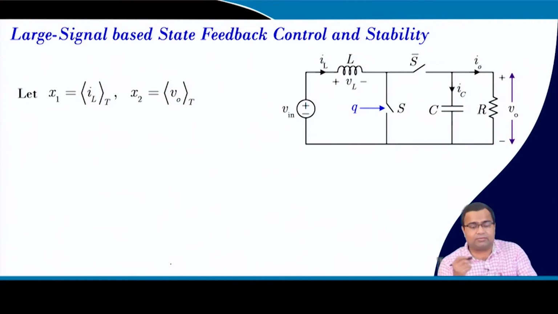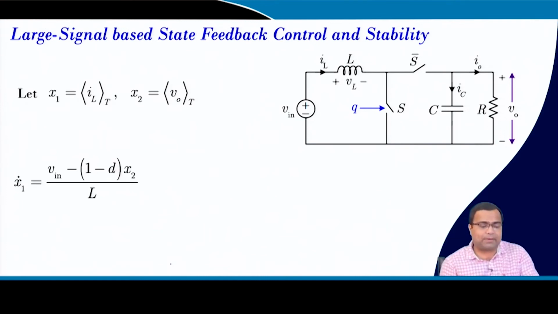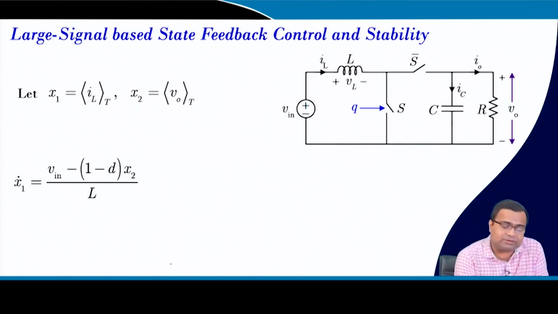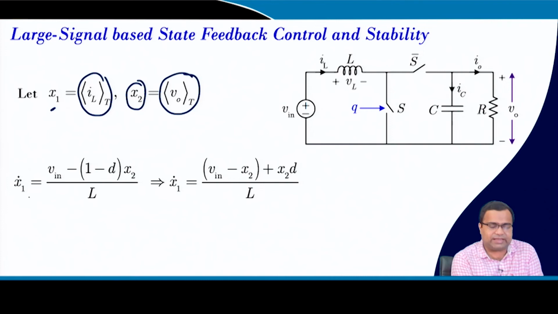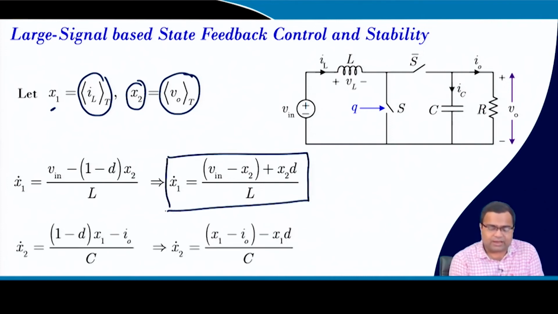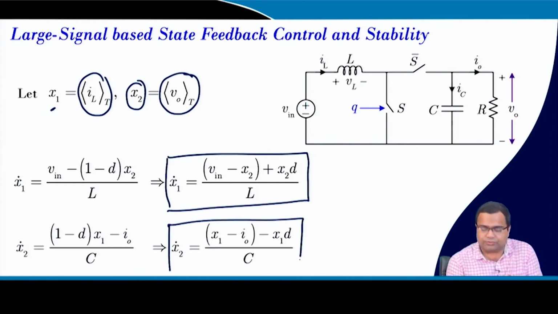So, again we can rewrite the equation. Suppose the x1 state is the average inductor current and the x2 state is the average output voltage, then we know the average dynamics: x1 dot is this, which is well known, and x2 dot, this part we also know.